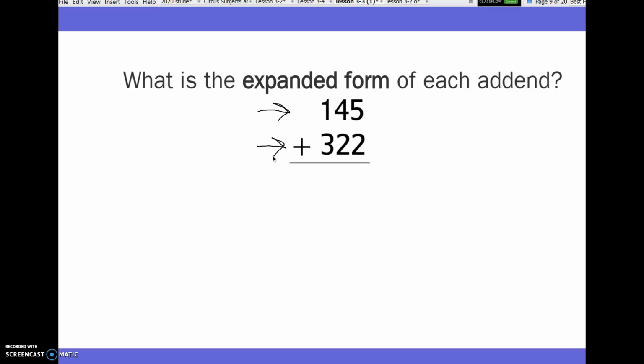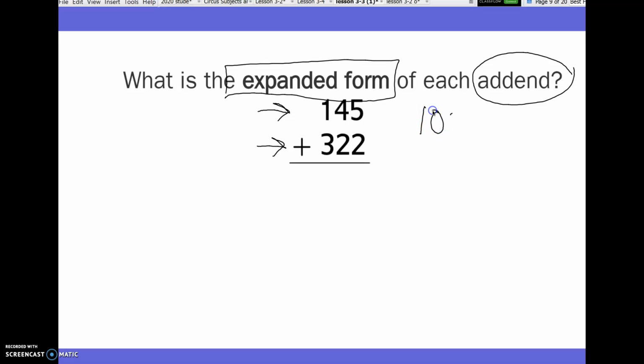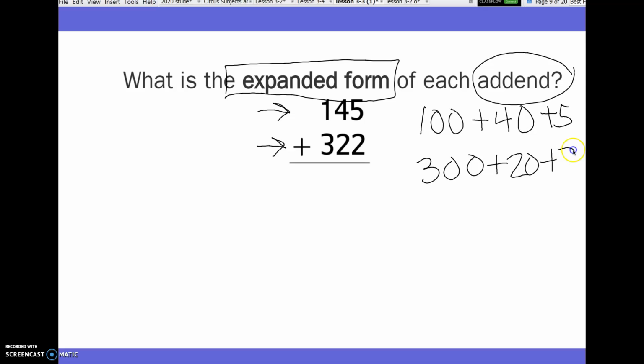So 145 and 322 are called addends. So the expanded form for each of these is 100 plus 40 plus 5 for 145, and then 300 plus 20 plus 2 for 322.